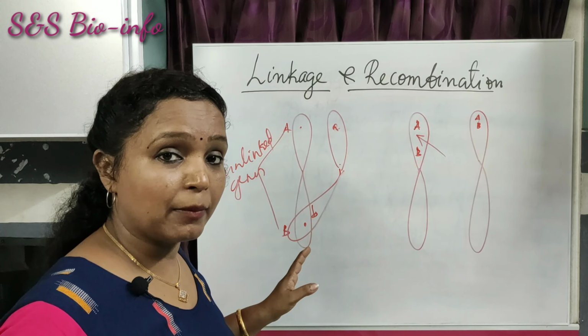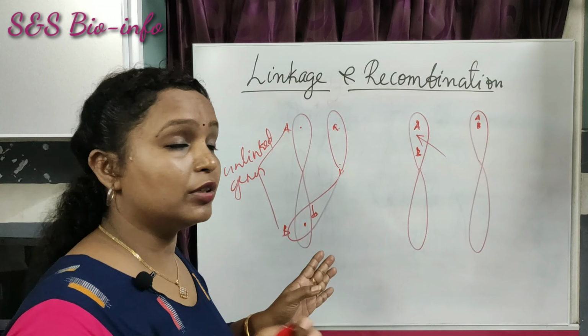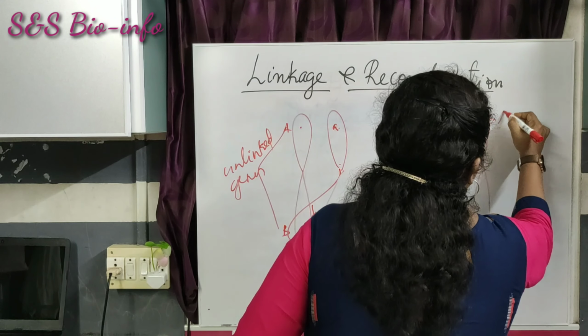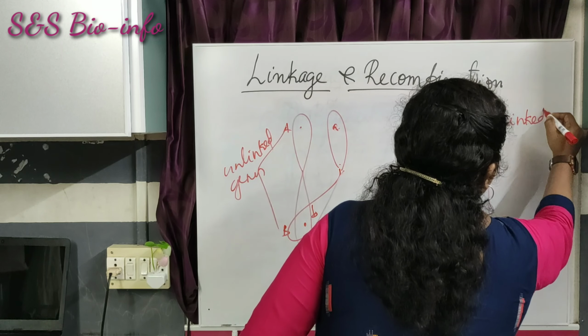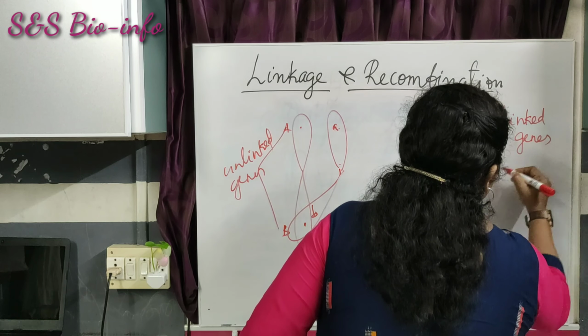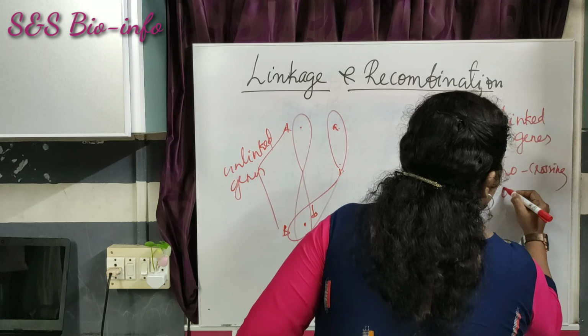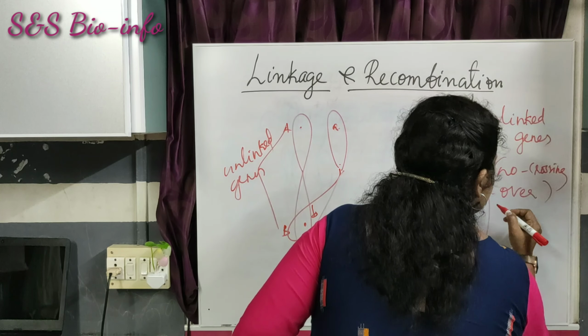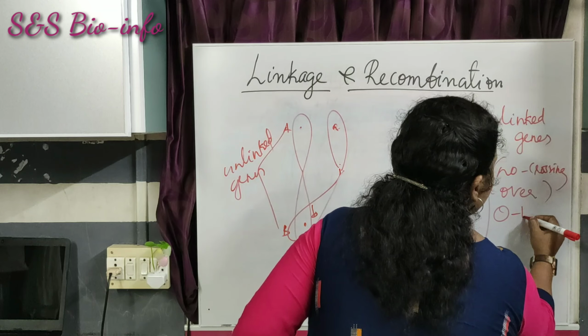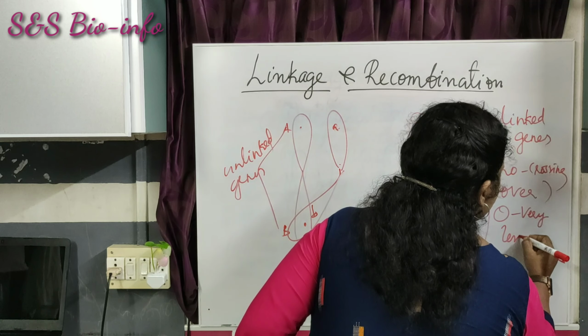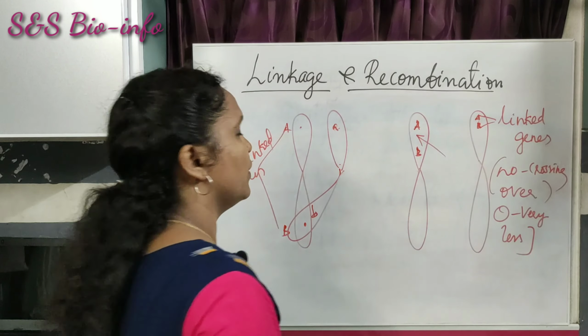Otherwise they will always stay together. These types of genes are linked genes, with zero or very little crossing over.